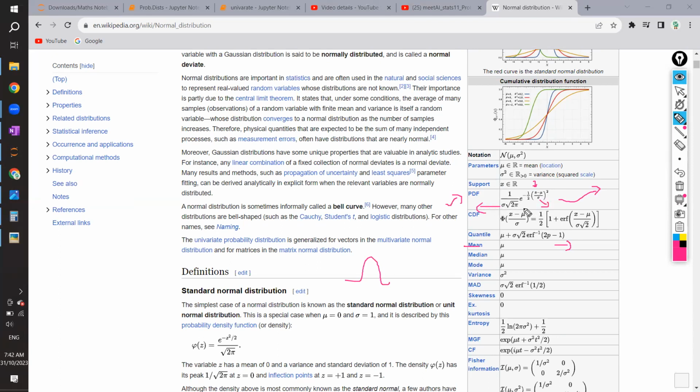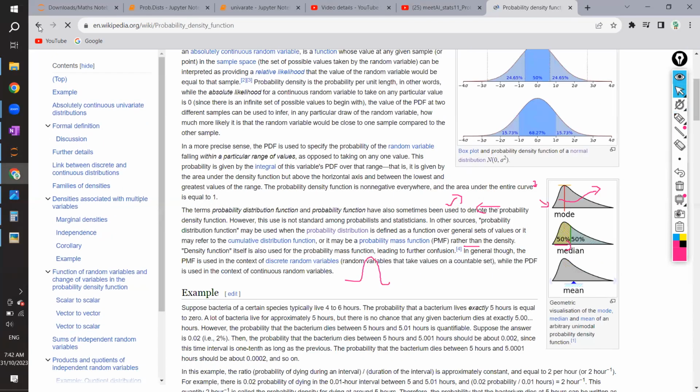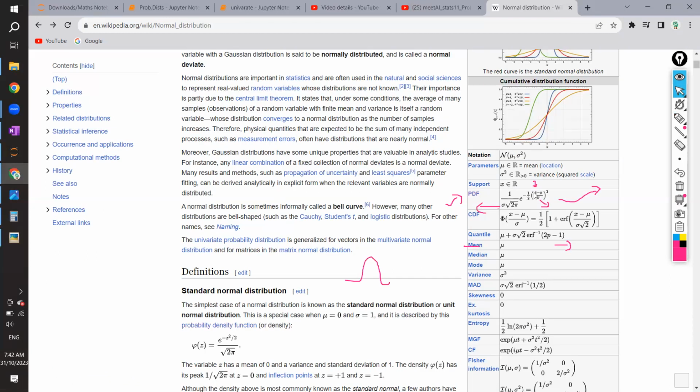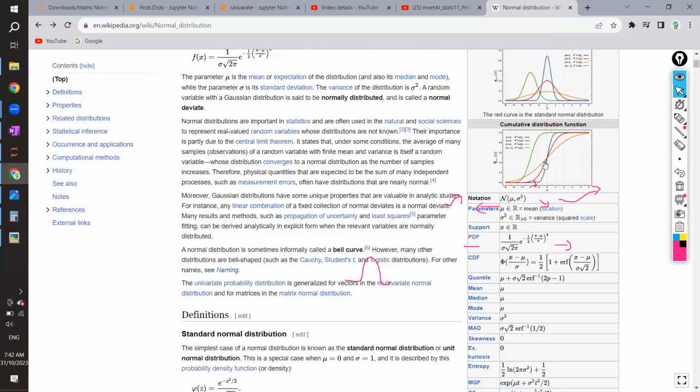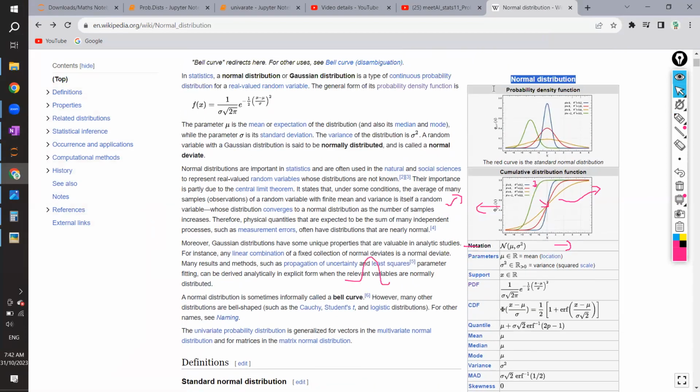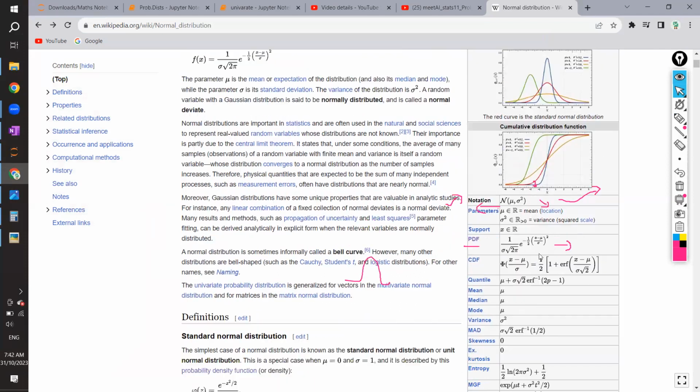If you give these values and the x, it will calculate this formula and give you the probability for that particular value. How you were doing it from the area, you can also have the function for this normal distribution. That is called the probability density function of the normal distribution, and this is the formula.